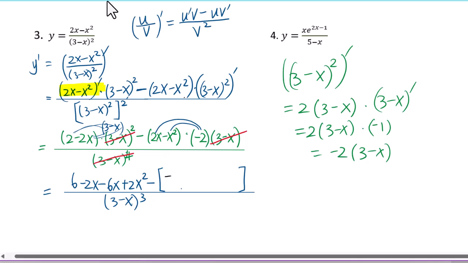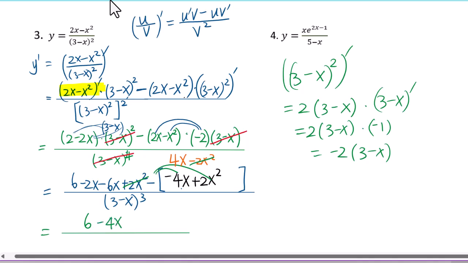We got negative 4x plus 2x squared. Then distributive property again. We got 4x minus 2x squared. Combine like terms. Negative 2x squared, positive 2x squared. 6 minus 4x all over 3 minus x to the third power.